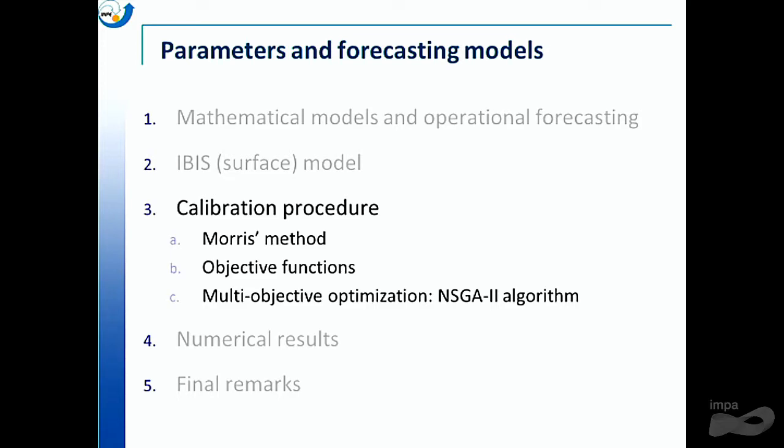And so you need to do this sensitivity analysis in order to identify the clusters of parameters related to the importance or relevance of these parameters to our model.